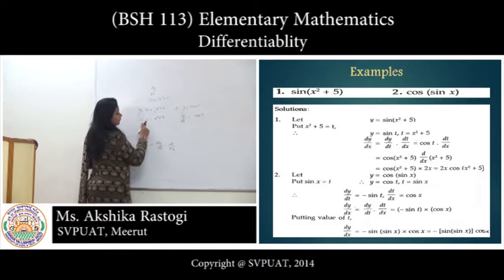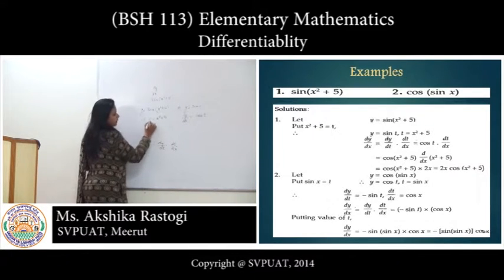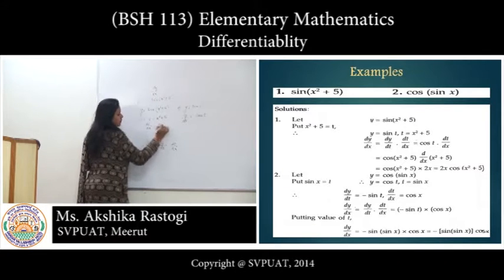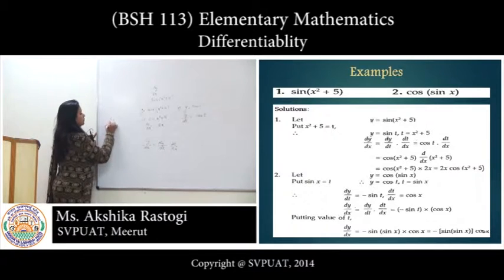And here we consider t equals x square plus 5. So we have dt upon dx equals 2x, because of the formula for the differentiation of x to the power n, which equals n x to the power n minus 1.